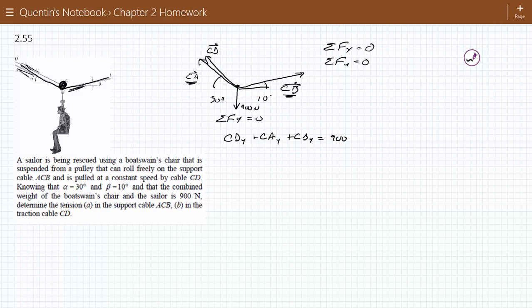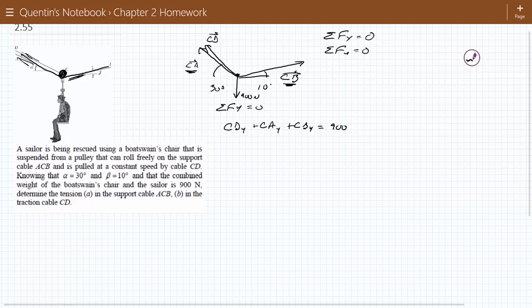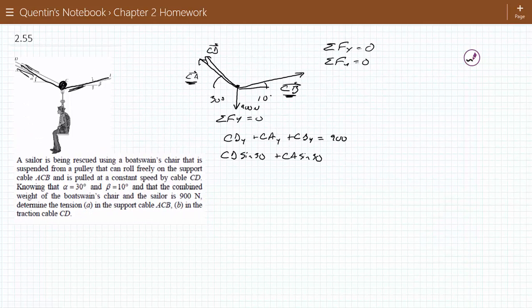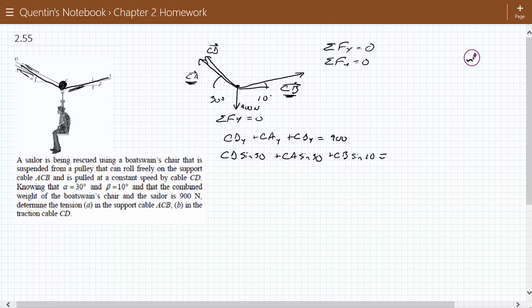Okay, so what is CD in the y direction? Well, it's going to be the magnitude CD times sine 30. CA is going to be CA sine 30, and CB in the y direction is going to be plus CB sine 10 is equal to 900. Okay, but here's what's important.